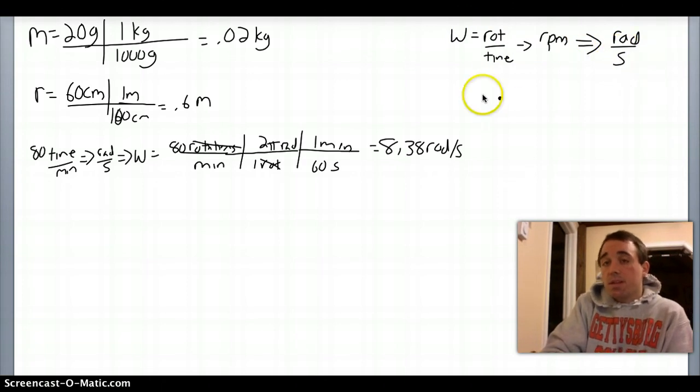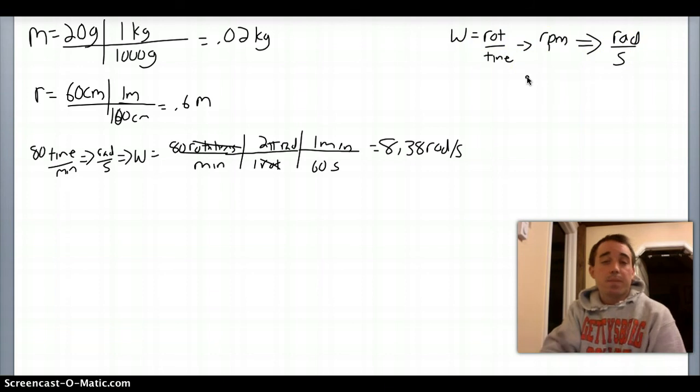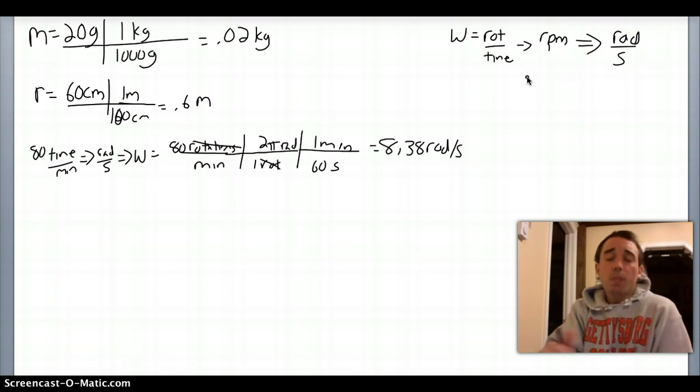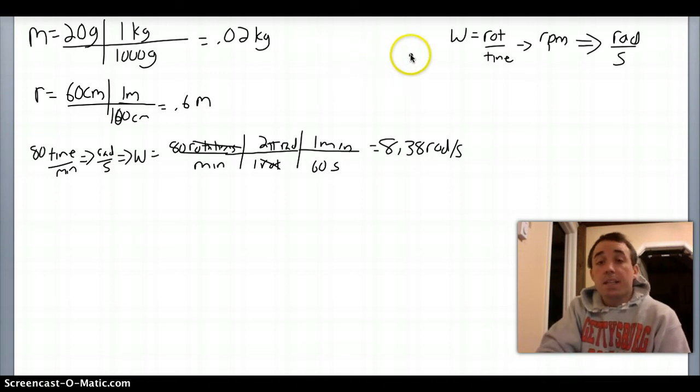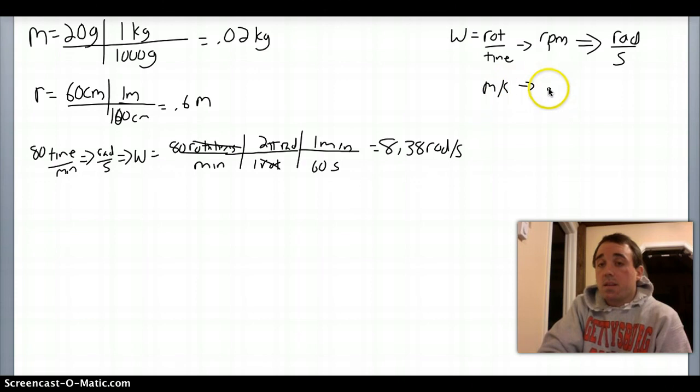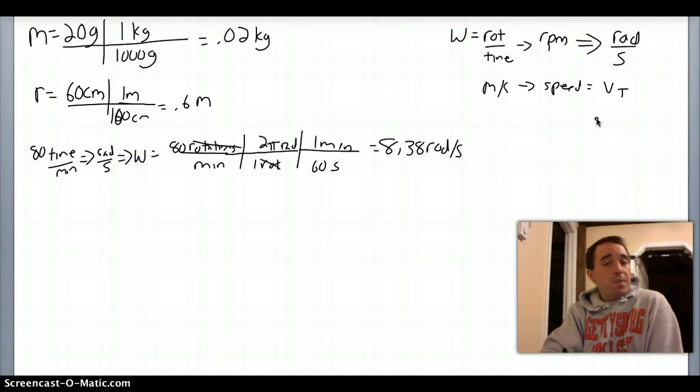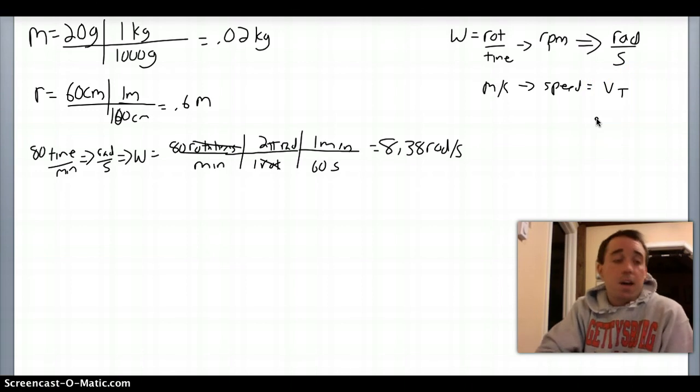So if you see number of spins per minute or number of turns per hour, or whatever the case is, that's telling you that it's an omega. If you see meters per second, or you see the word speed, that's telling you that it is a tangential velocity. So be very careful with the units for this.